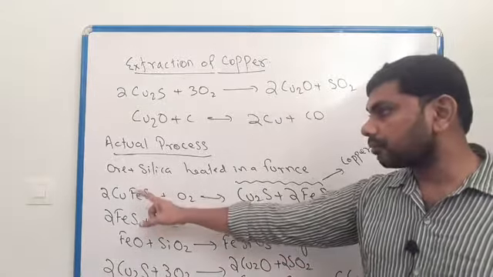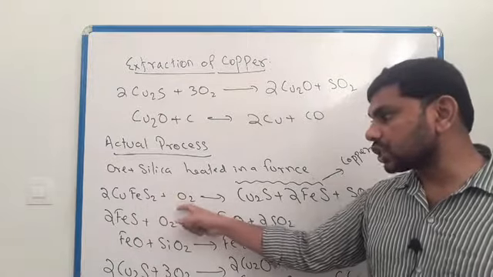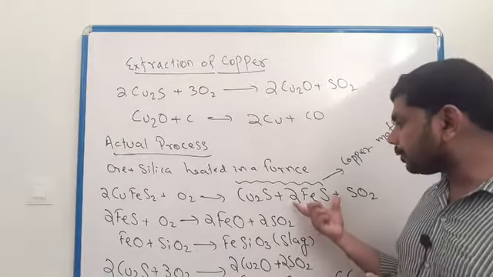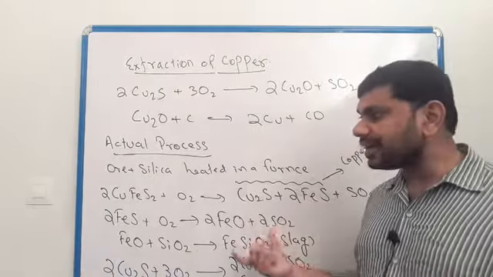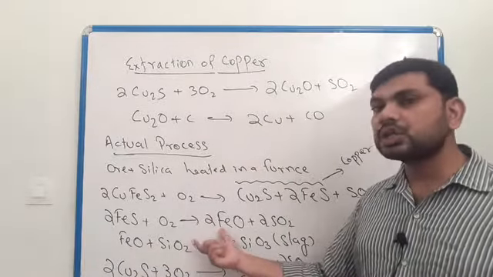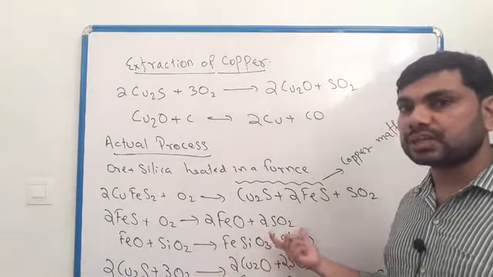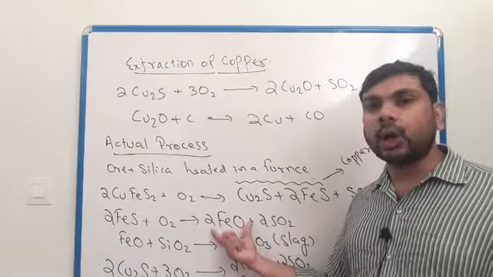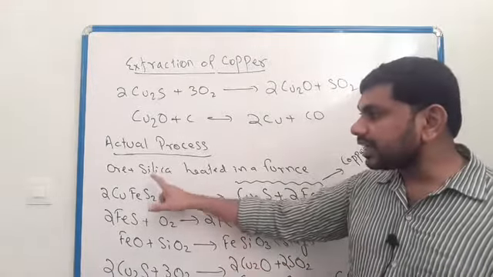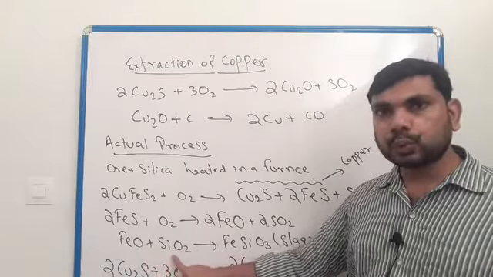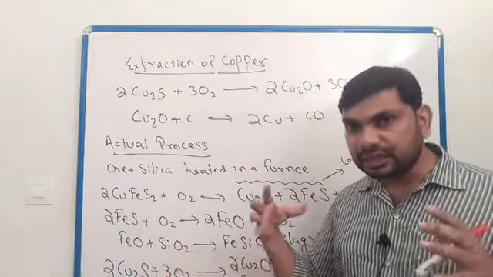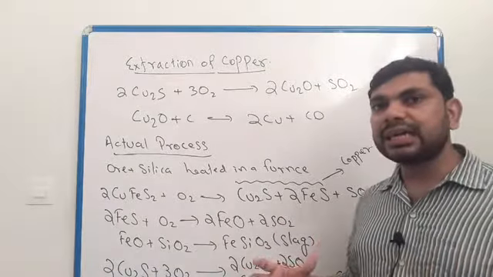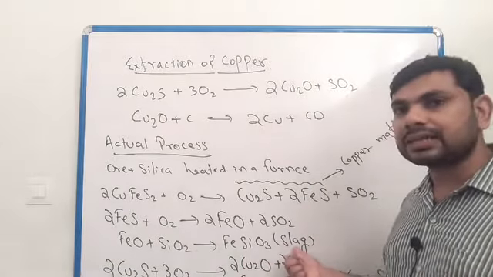Sulfur dioxide escapes outside and iron oxide is left behind. We added silica, SiO2. The iron oxide reacts with silica to form iron silicate, FeSiO3. Iron silicate forms slag.